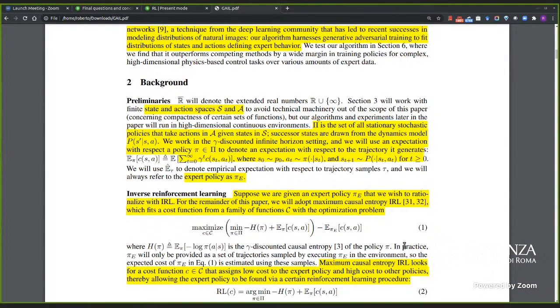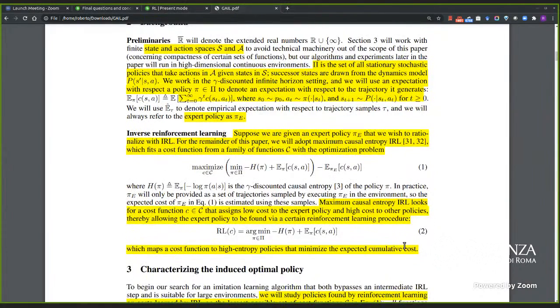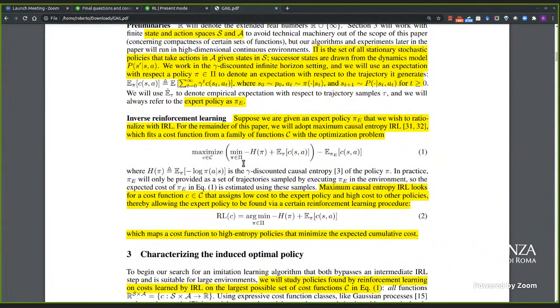The goal of all of this was trying to get to a situation where the expert cost function was minimal, so we are trying to optimize over the cost function over here, where this should be minimal for the expert data.